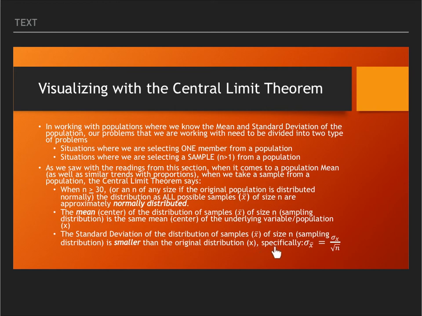Specifically, what we see in the distribution of our samples, or the sampling distribution, is that the standard deviation of that distribution is equal to my original standard deviation of my x. X is just our original data, so I like to put that there, divided by the square root of our sample size n.